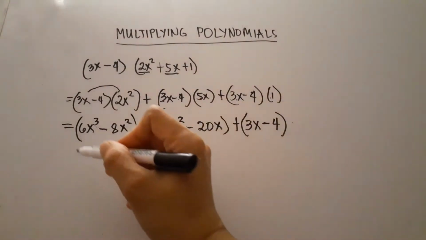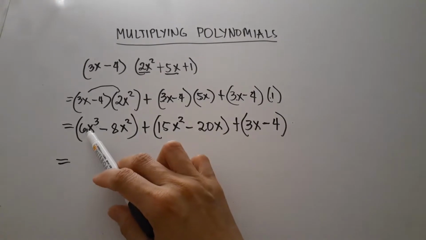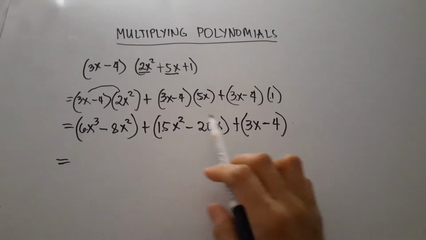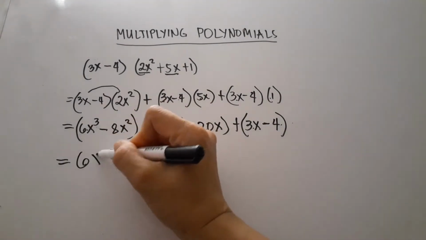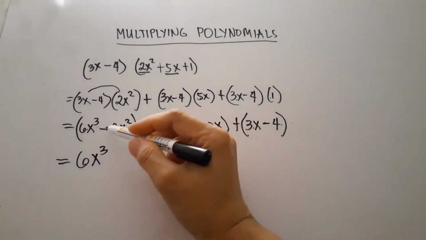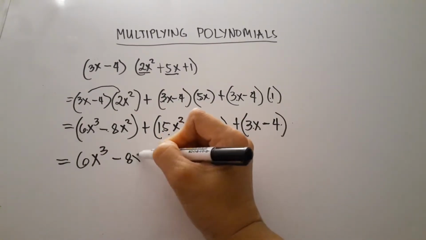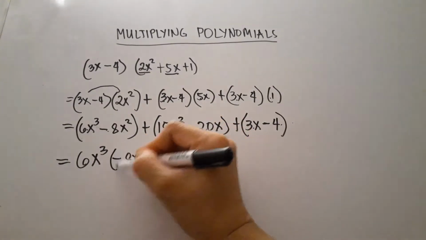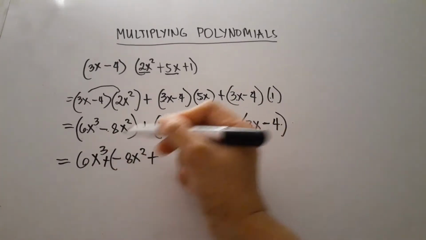And then we collect like terms. Since 6x cubed has one term only, we can remember that the first variable becomes x, so remember the exponent is decreasing. 6x cubed, then this is positive.